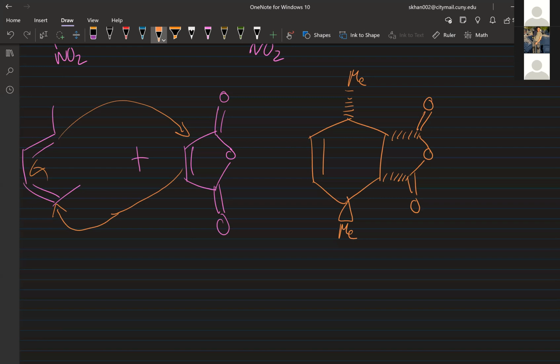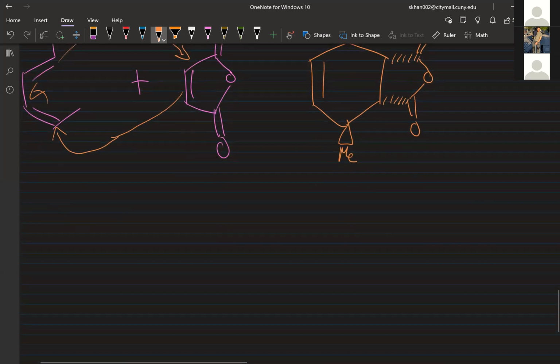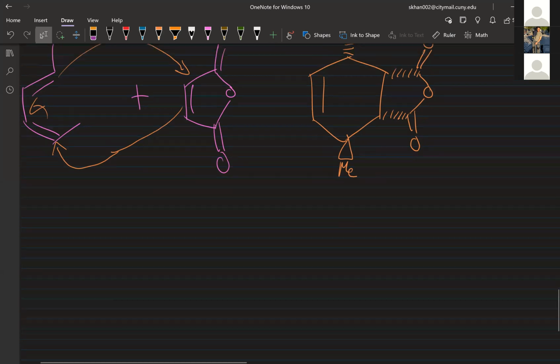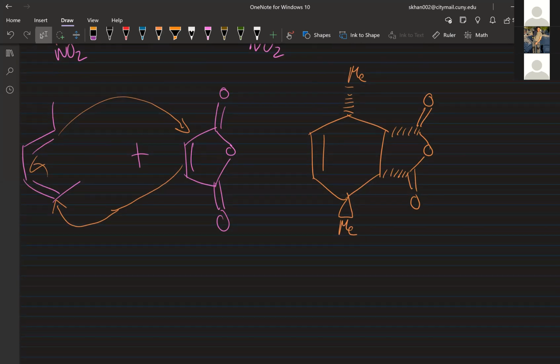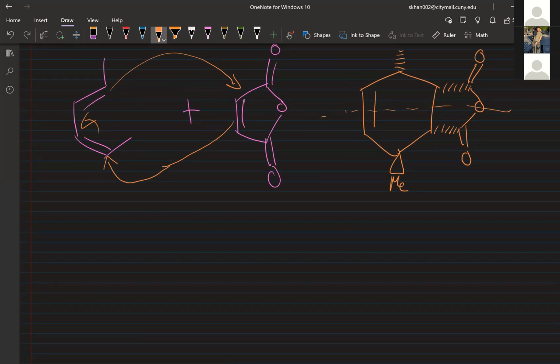Yeah. So technically, the main thing is, if I look at this sideways, right, there's symmetry, so it wouldn't matter which one you drew. If the top one was on a wedge and the bottom was on a dash, all that would mean was that the diene was arranged like this.